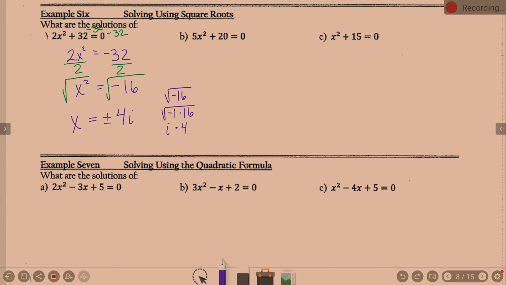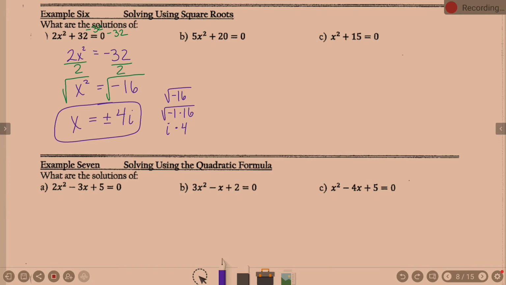Anytime we take the square root in an equation setting, we're going to say plus or minus 4i. That seems a little familiar, doesn't it? Yeah. It's this chapter. So, throw Thanksgiving in there and it seems forever ago.